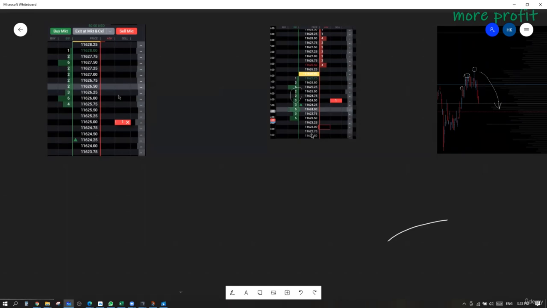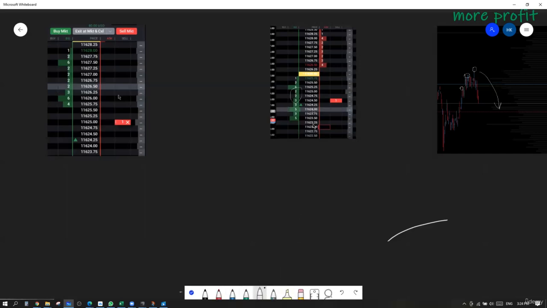For a better execution on any of the setups we talked about before, you have to marry your ladder reading with the setup in order to get a better entry, one or two cents better than the one you usually take, because the ladder gives you vision and exposure to the buyers and sellers, where you can take the best buying or shorting price, the perfect place to exit, and where to scale. So we will be talking about all of these things.